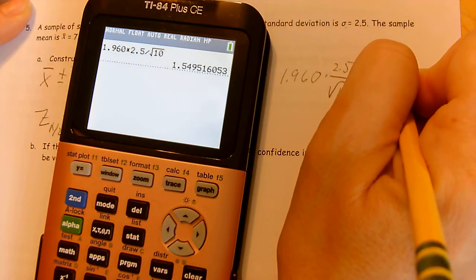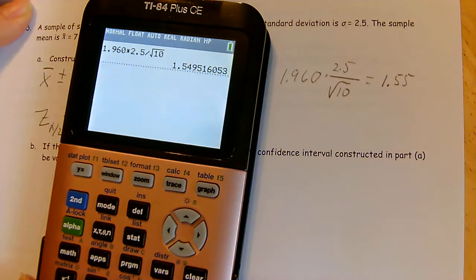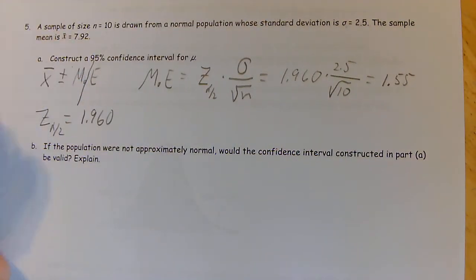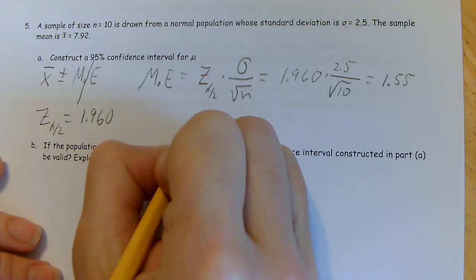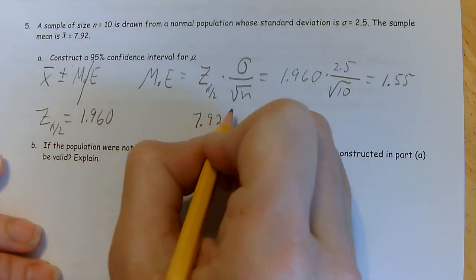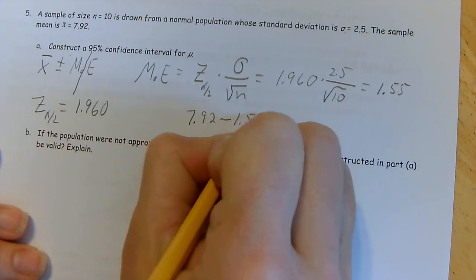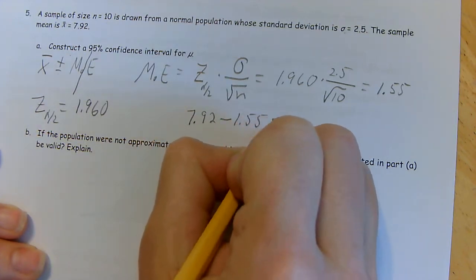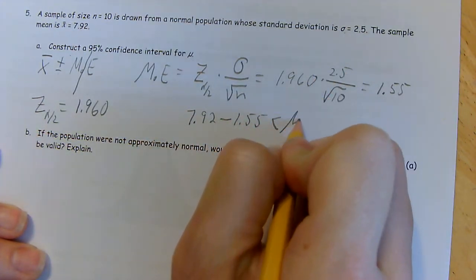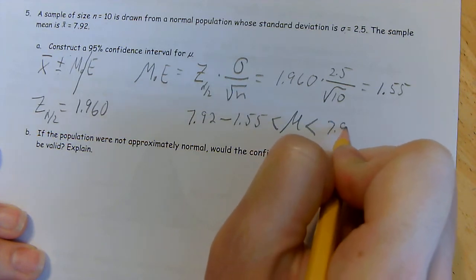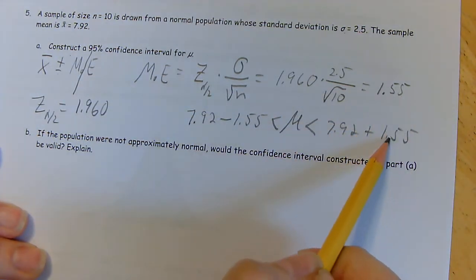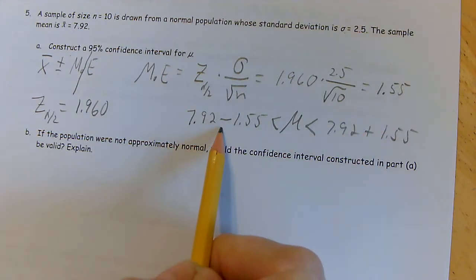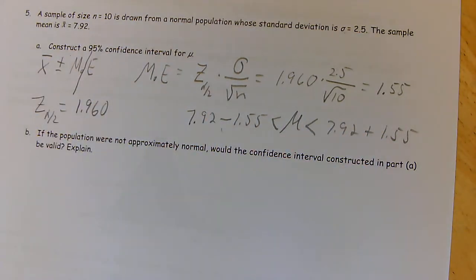I'm going to round this to 2 decimal places because my sample mean is 2 decimal places. So I'm going to take my sample mean, and I'm going to add and subtract the margin of error to my sample mean.